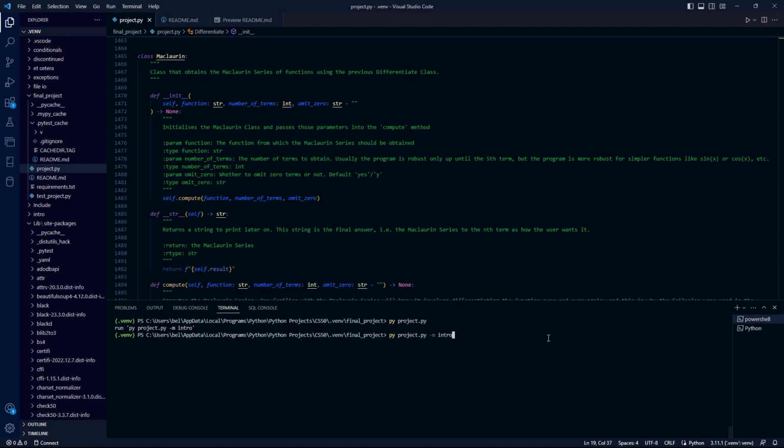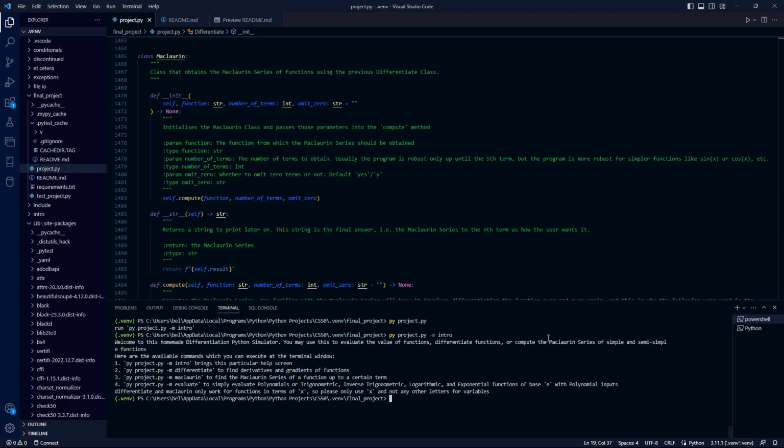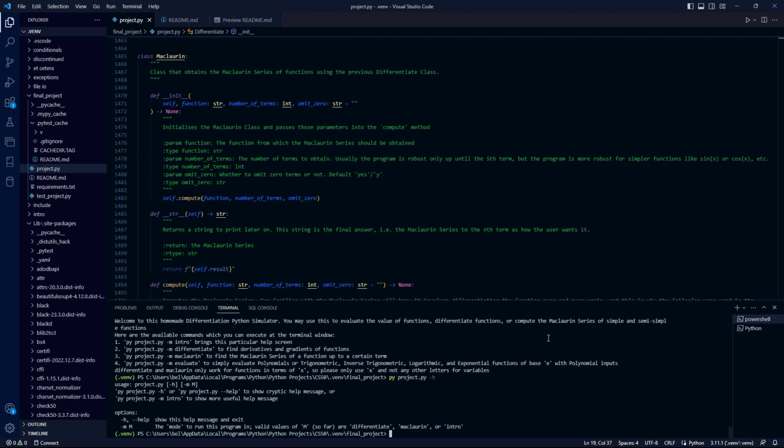So now they can know that they should type this instead to bring out this help screen. And I thought that this help screen would be much more useful in guiding beginners because I think it's less cryptic than if we were to type in just dash H.